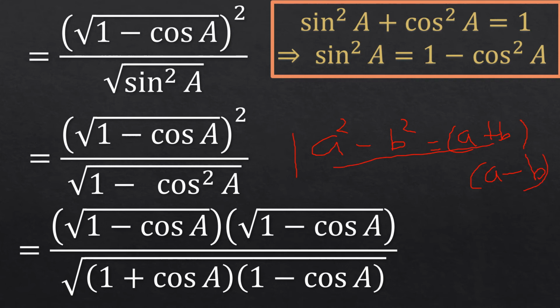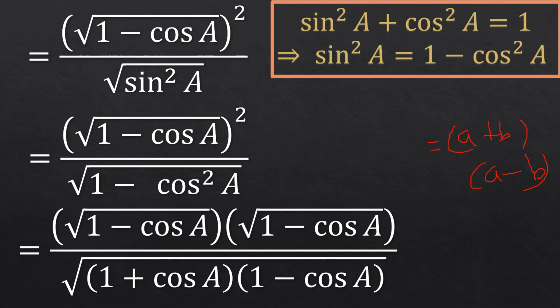So here a is 1, and 1 means 1 square, the same thing. And b is cos A, so cos square A means b square. Here the square is in hidden form. So 1 square minus cos square A is equal to (1 plus cos A) multiplied by (1 minus cos A). Let me erase them.